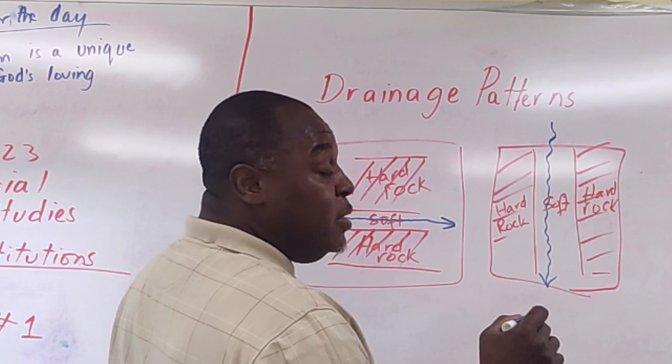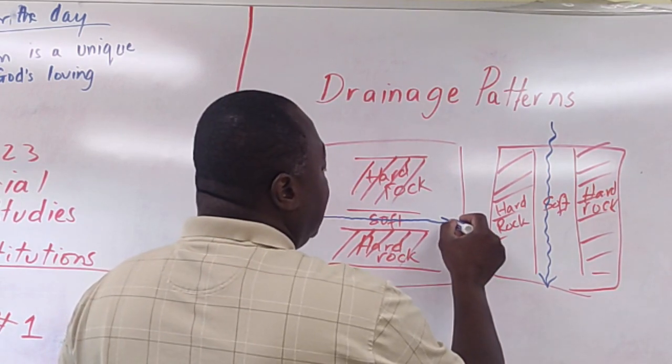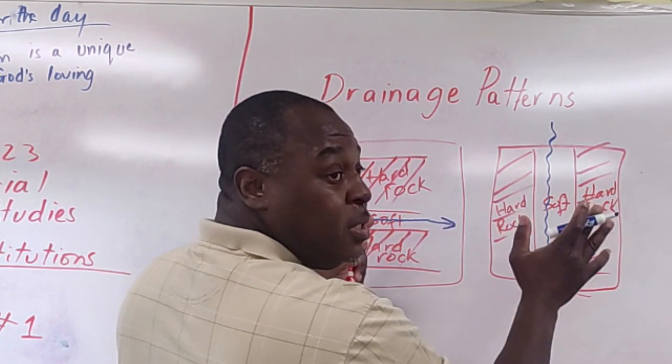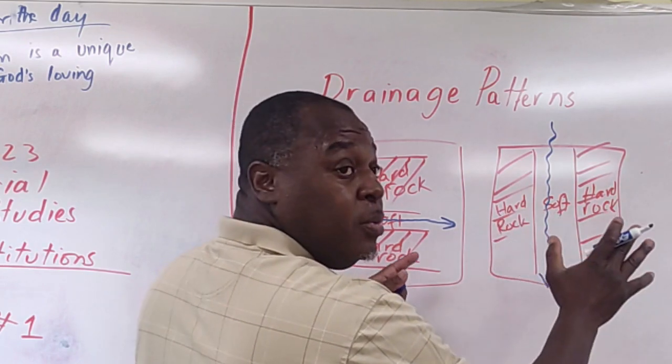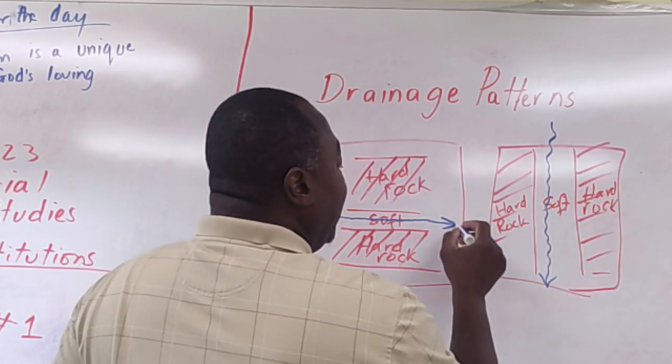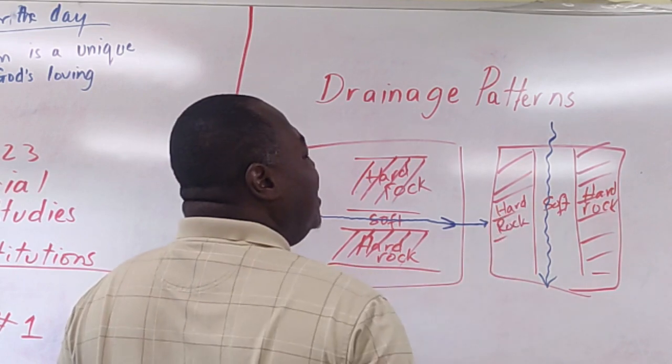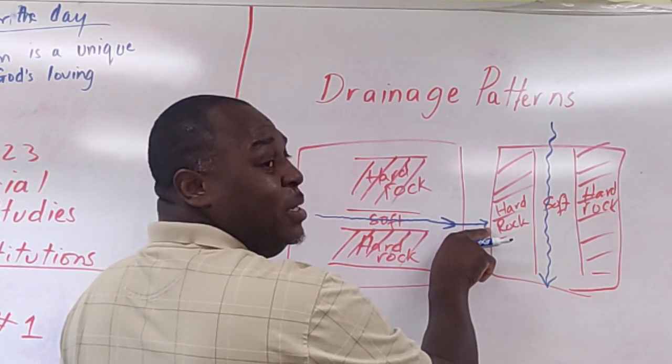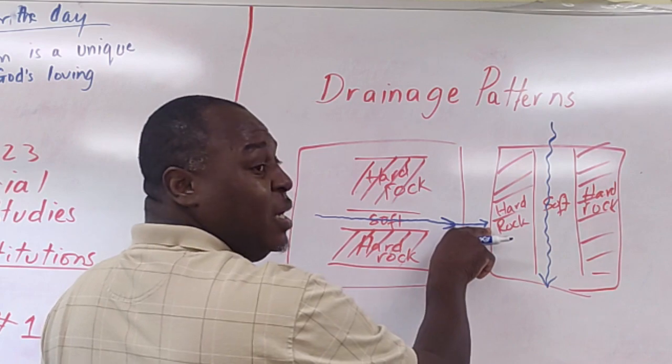Now, if continued over time, let's say these two are near each other. When the water reaches here, it will have a hard time trying to go through that hard rock.